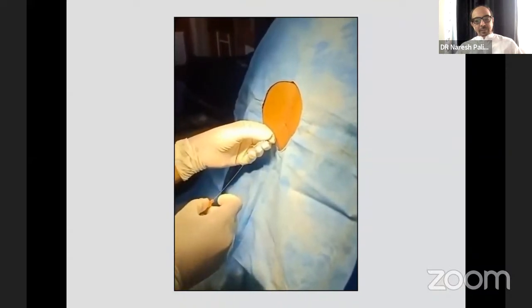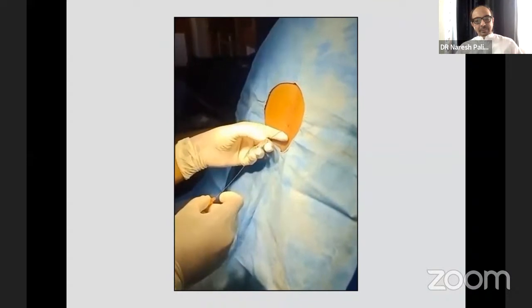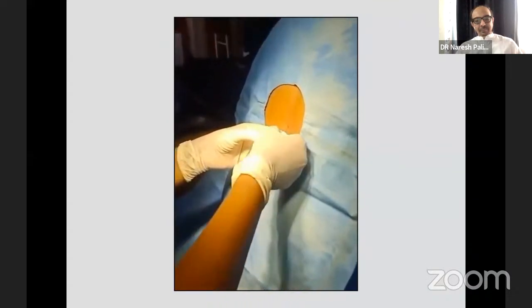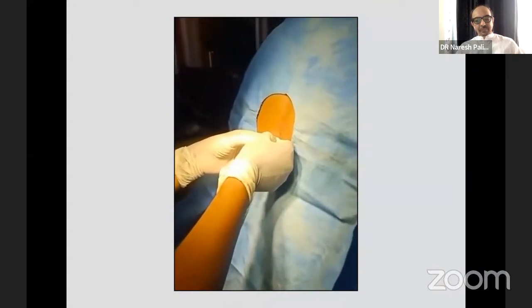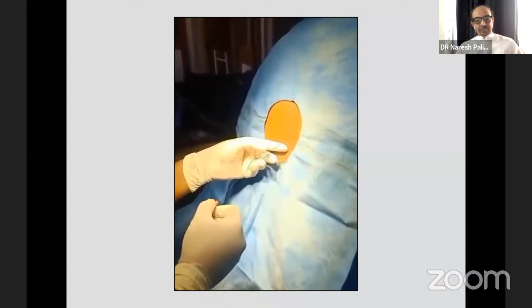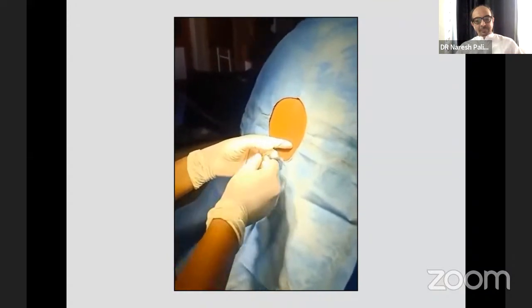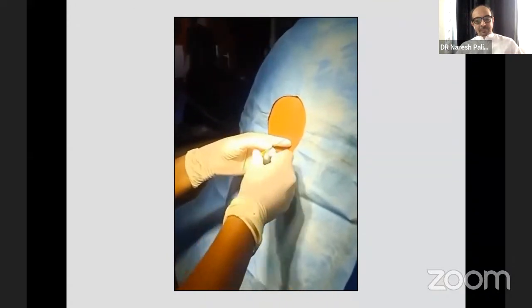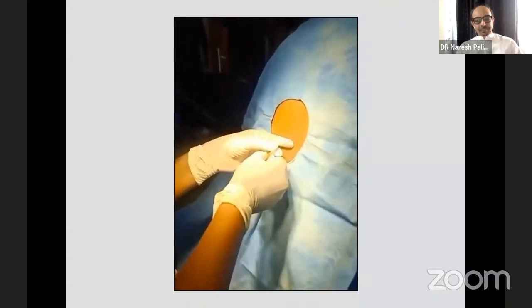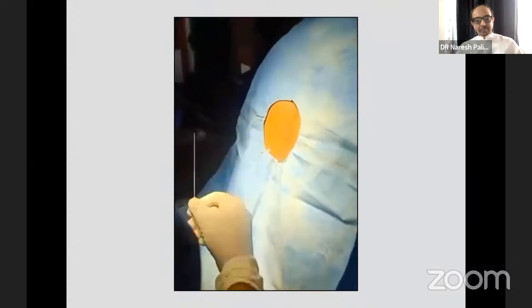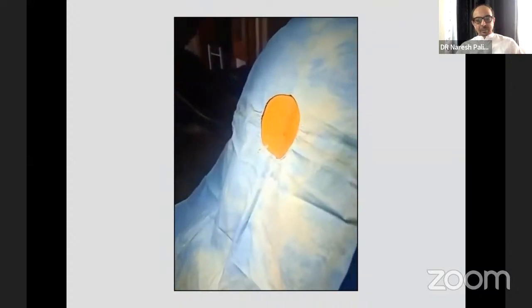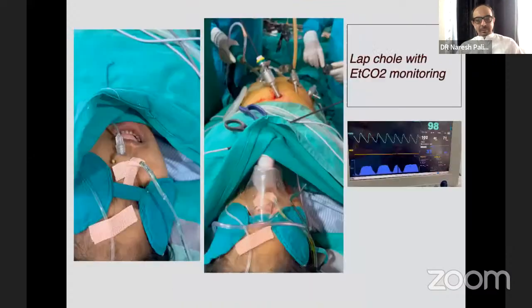Remove the stylet at every loss of resistance. This was umbilical hernia in a very obese patient.